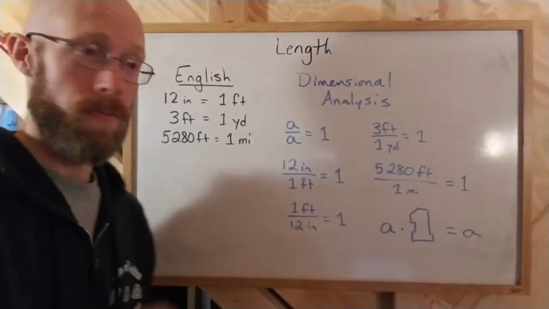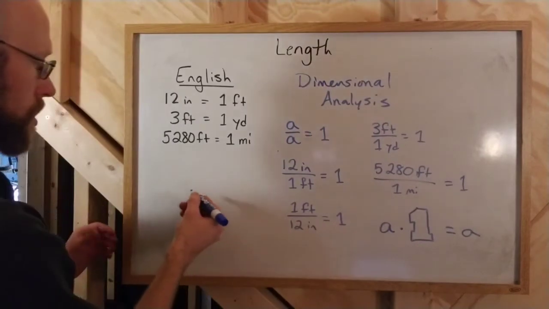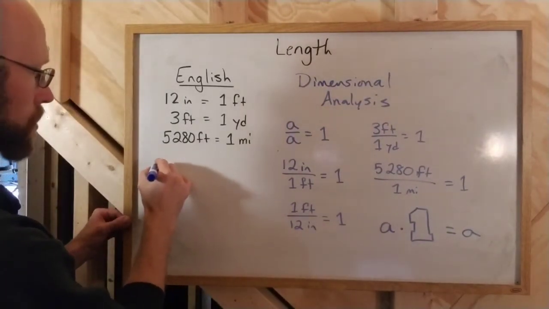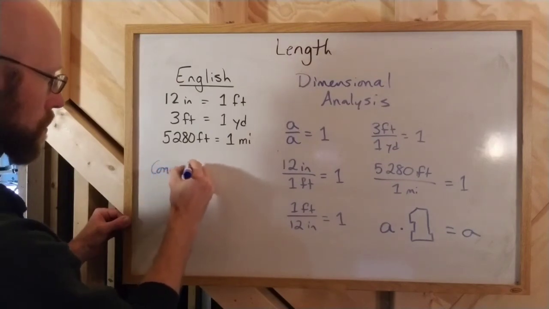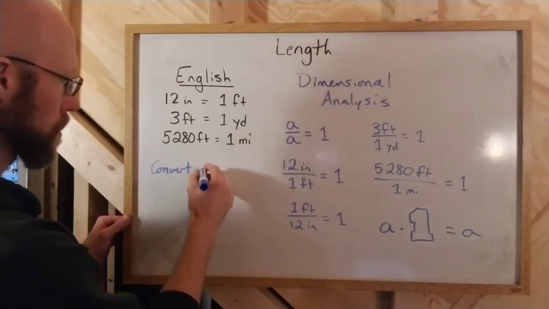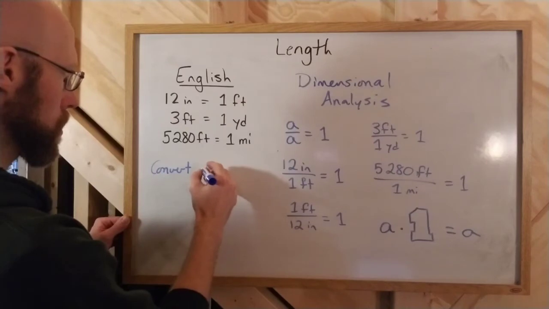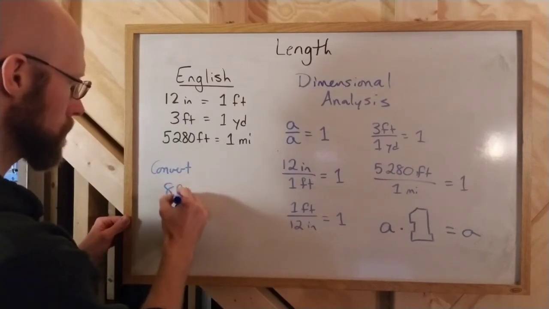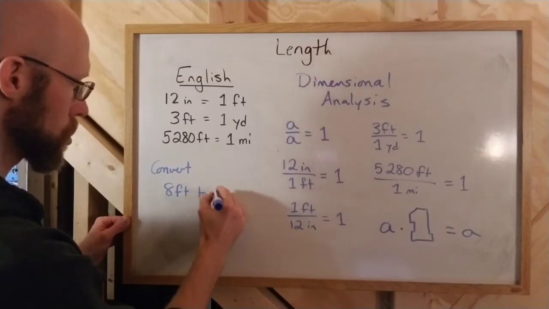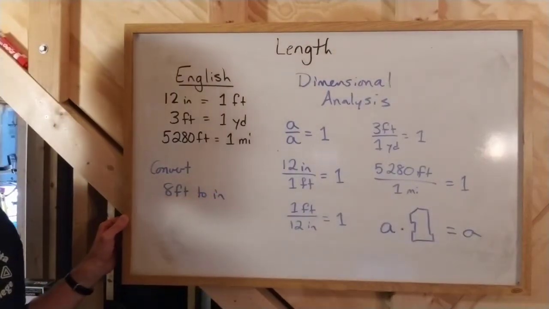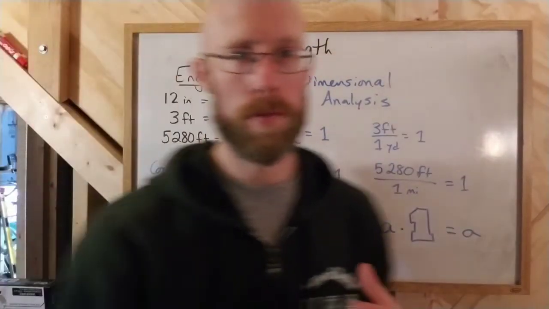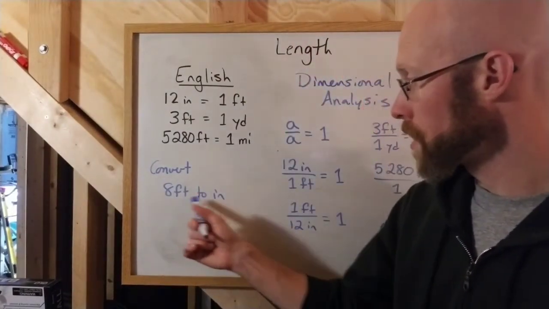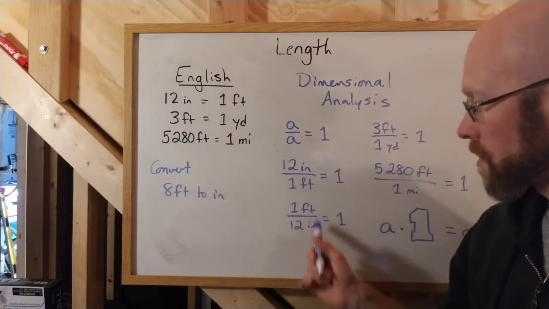Okay, so let's say, for instance, I wanted to convert 8 feet to inches, okay? So the fraction we're going to use is going to be one of the feet-inch fractions.